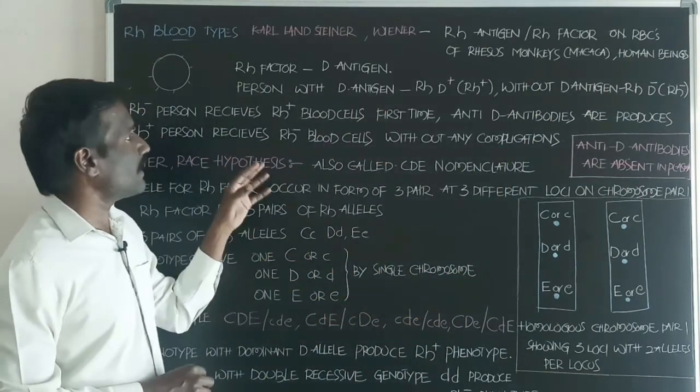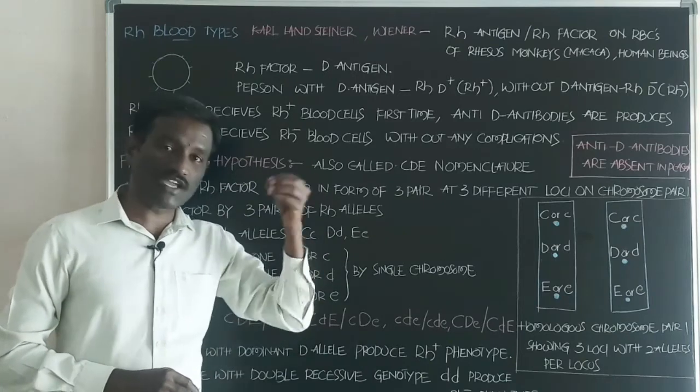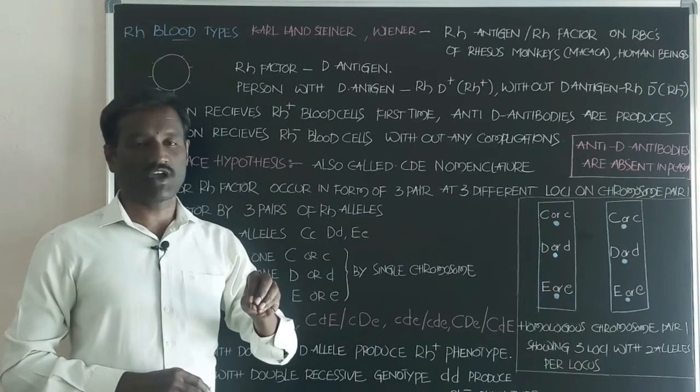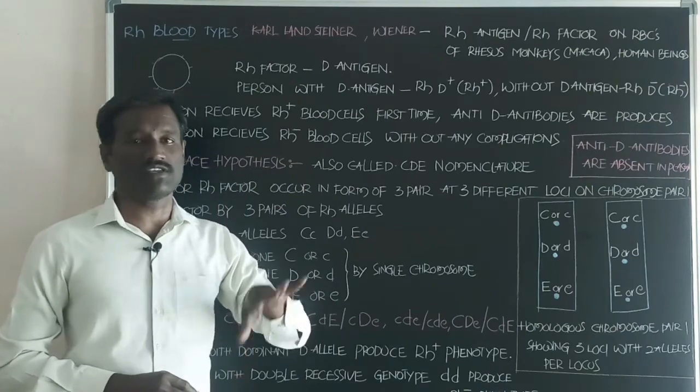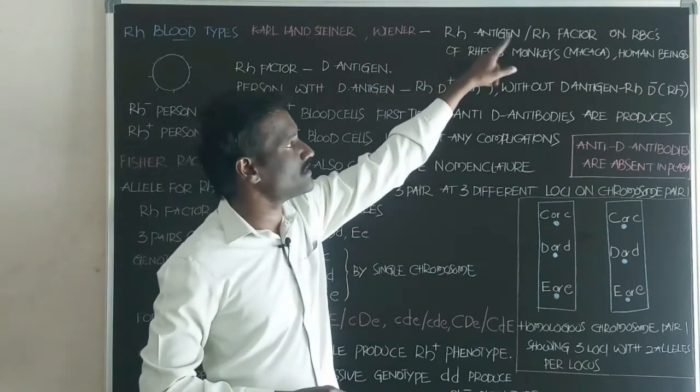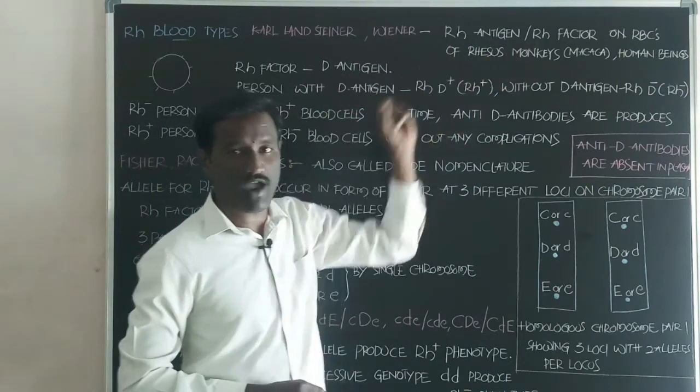So additionally one more antigen is present on the plasma membrane of RBC, that is the RH antigen, also called RH factor.